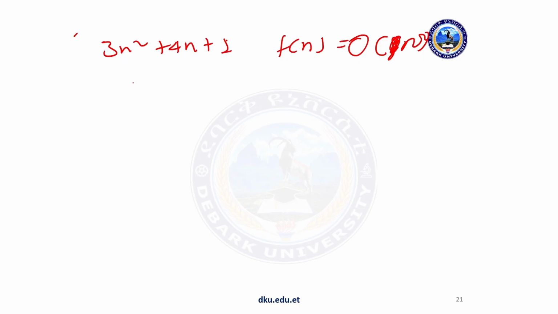We simply use the formula of big O notation. So 3n squared plus 4n plus 1 is less than or equal to c times g of n. This means we will choose a function. Actually, there is no formula to do this, but we will use the trial and error method.